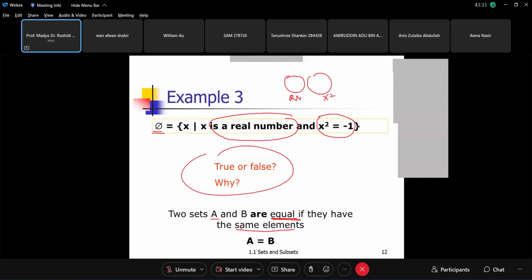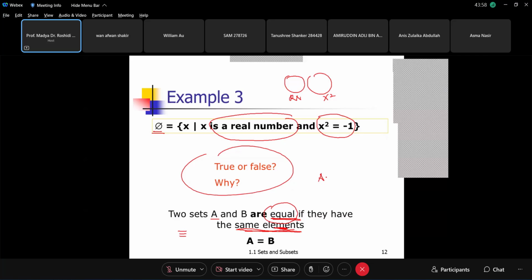Once they share the same elements, totally the same, we call them equal. We do not say A and B are the same. The same is the element, not the set. The sets are equal. This symbol means equal. Once we put another symbol here, it means equivalent. There are two different things.